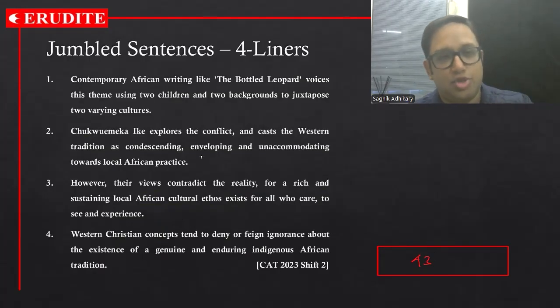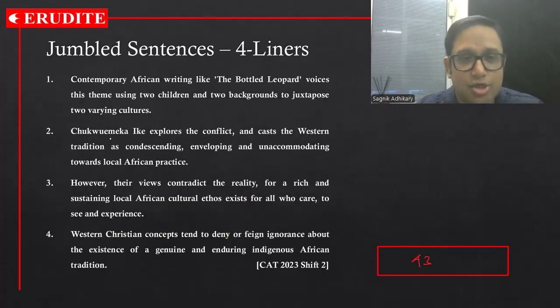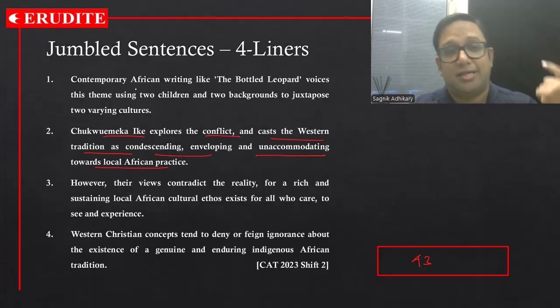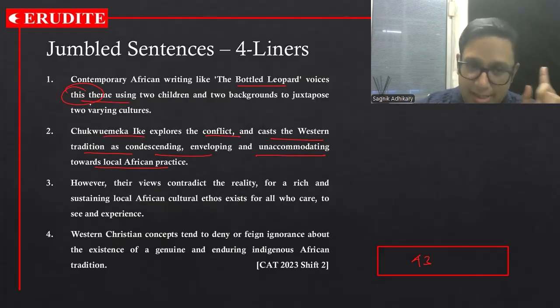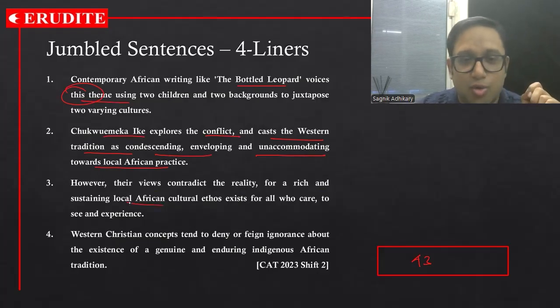Next up, we realize that 2 and 1 are connected because no other statement talks about the cultural ethos. We see here, Chukwuemeka Ike, must be an author, explores the conflict and casts the Western tradition as condescending, enveloping, and unaccommodating towards local African practice. We see here contemporary African writing like The Bottled Leopard voices this theme, referring to something. This theme is either talking about the local African cultural ethos.